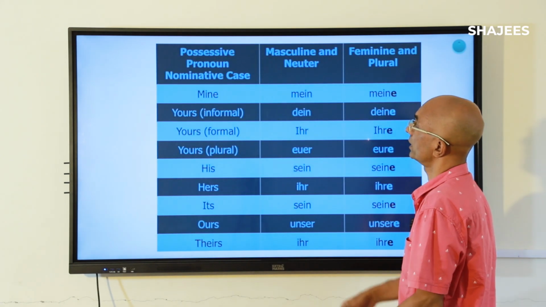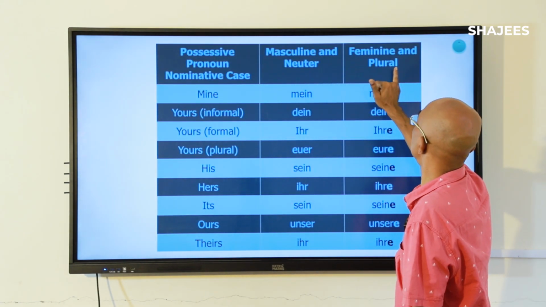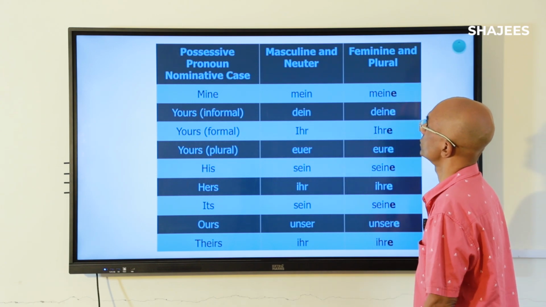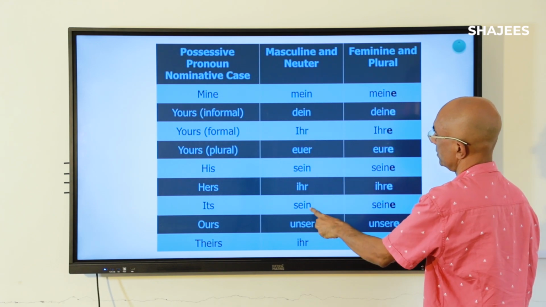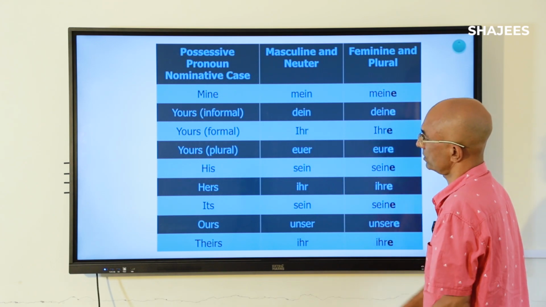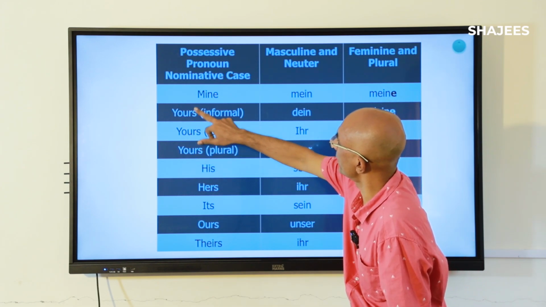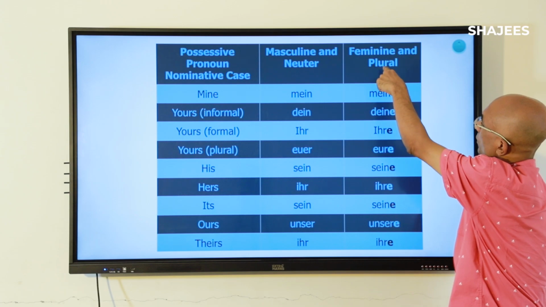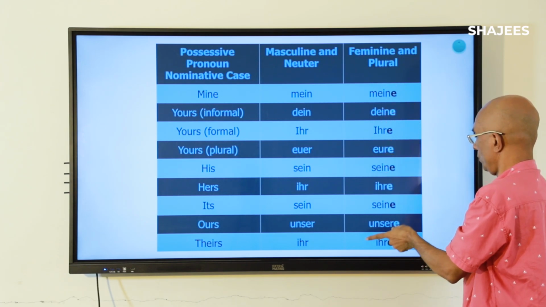Okay, here: possessive pronoun, nominative case, masculine and neutral, feminine und plural. So here masculine: mein, dein, ihr, euer, ihr, sein, unser. Okay, that's mine, yours, theirs, ours, its, hers. Okay, formal, yours. And here plural: meine, deine, ihre, eure, seine, ihre, seine, unsere, ihre.